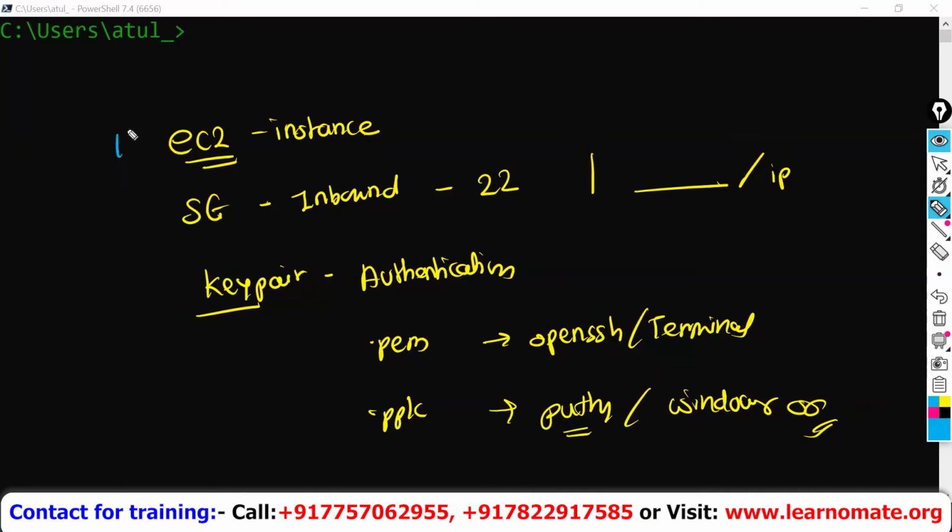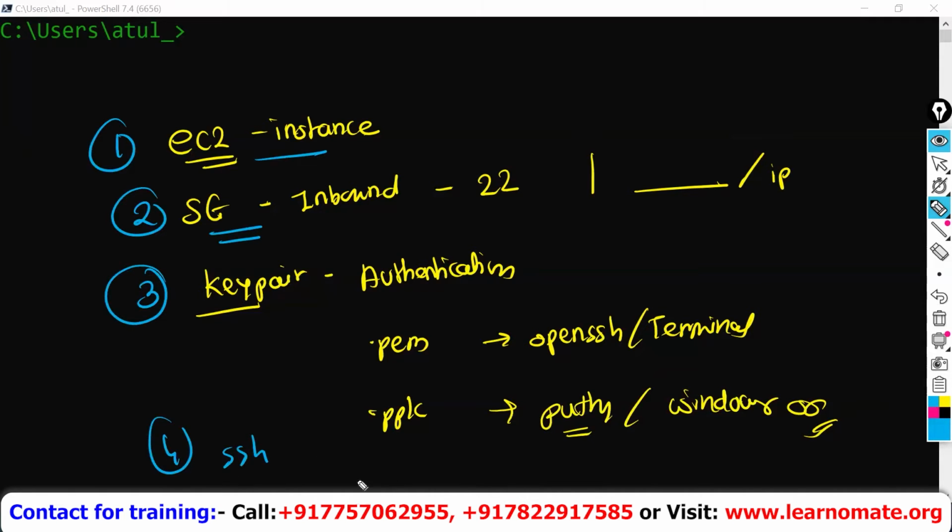I will launch an EC2 instance, configure the security group, create a key pair, and use it for SSH connection. The command that I will try is the SSH command with -i for identity, then the name of the machine, the username of the machine, at the public IP or a DNS record for the same.